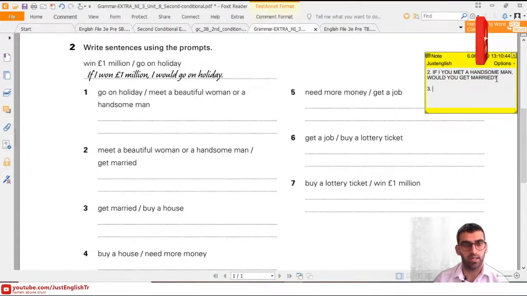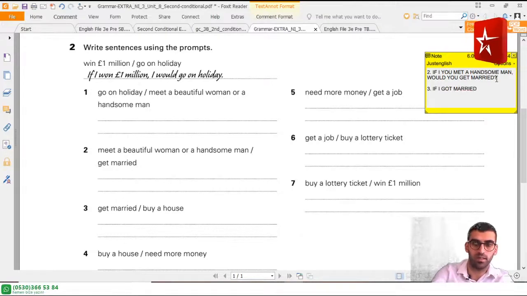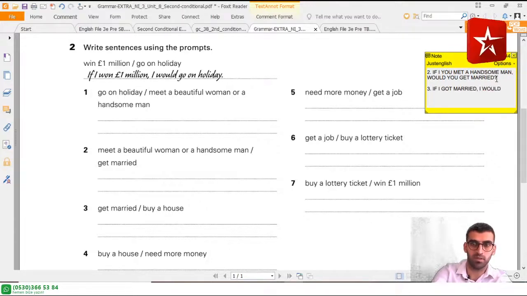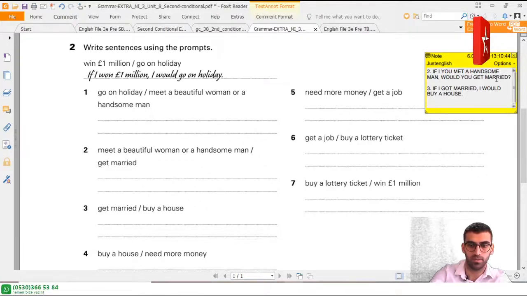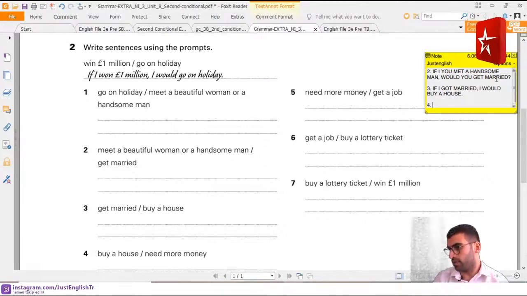Okay, yes, if I got married, this is the past simple form we have to use. Like, if I got married, I would buy a house. Yes, I would buy a house. That is the correct answer. Great. If I got married, I would buy a house. That is the correct answer.